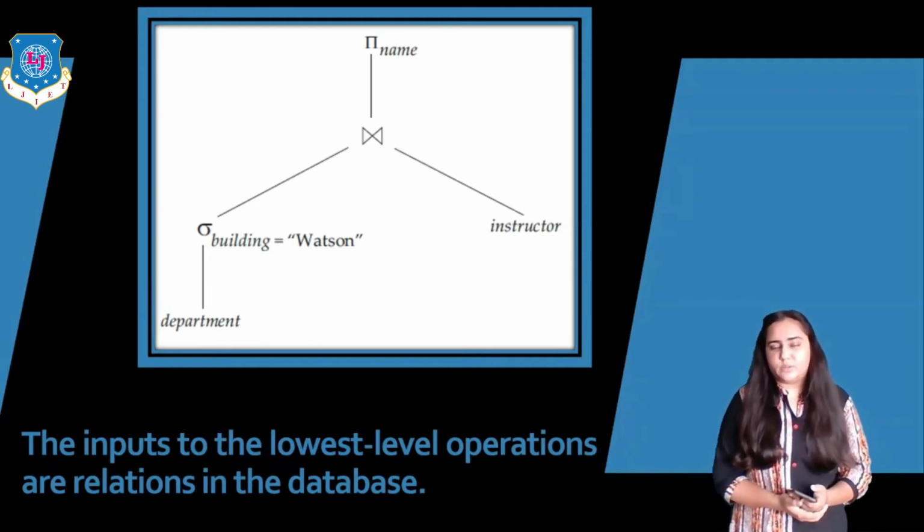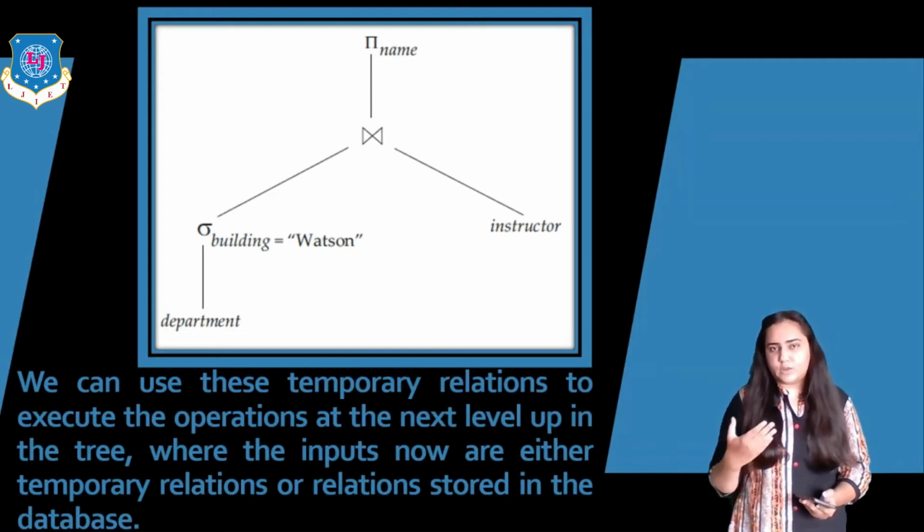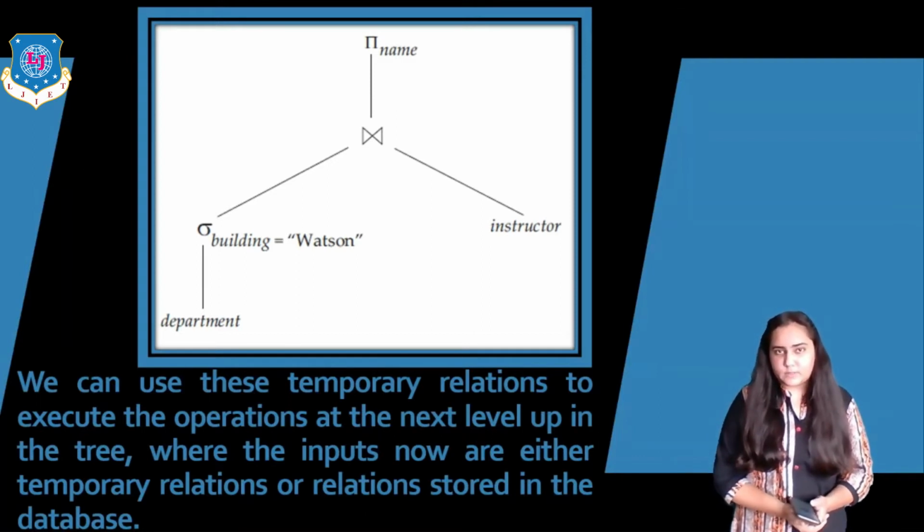As you can see, department is an actual table present in your database. And once we apply some condition to this table, we can create temporary relations, and then these temporary relations can execute operations on the next level of the tree, where inputs are now either temporary relations or relations stored in the database.